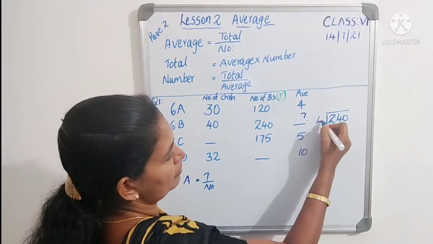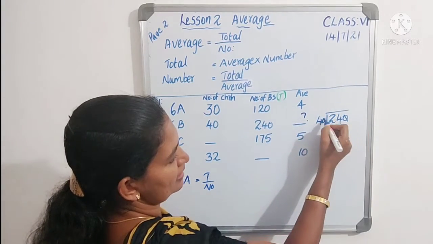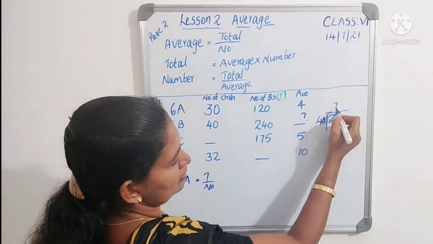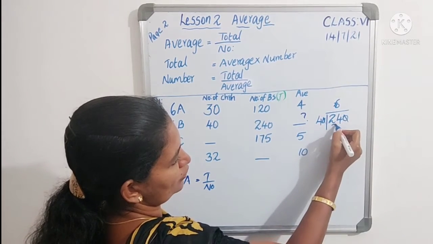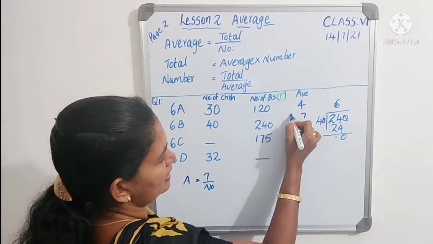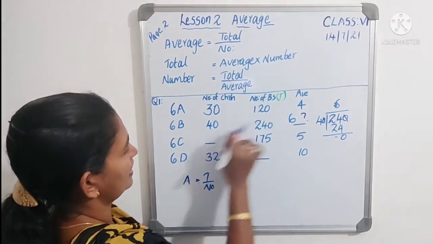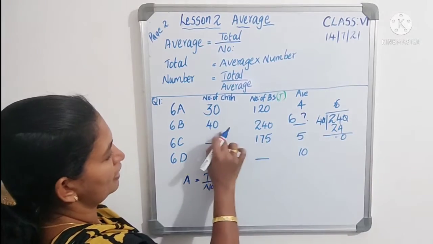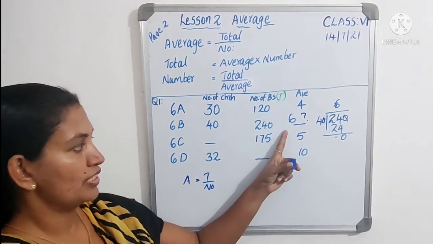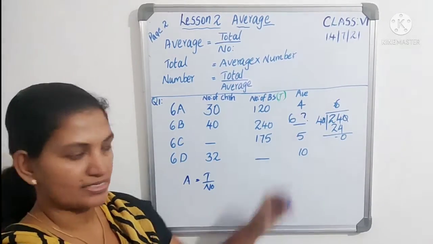So 240 divided by 40. Cancel the zeros. Then 6 fours are 24. So what is the answer? 6 is the answer. So 6 is the average.